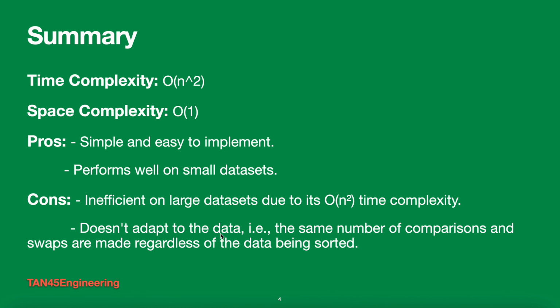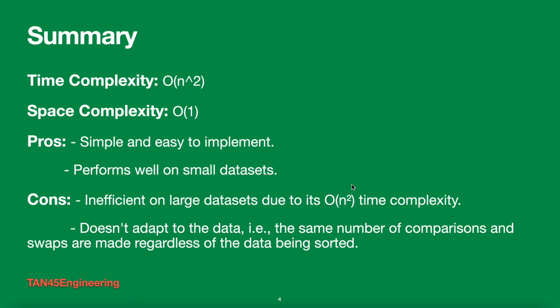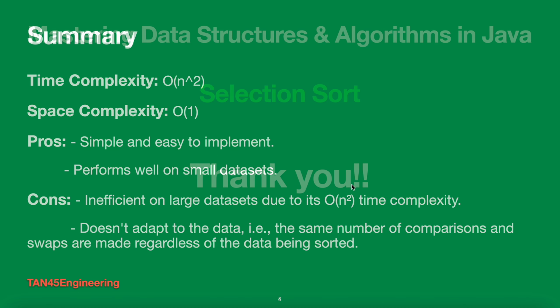Also, it doesn't adapt to the data, that is the same number of comparisons and swaps are made regardless of the data being sorted, as we considered earlier also, right? Even if you provide a sorted array, it will perform the same number of swaps and iterations. Even if the array was unsorted, it will perform the same number of swaps and iterations. So that is one of the disadvantages.